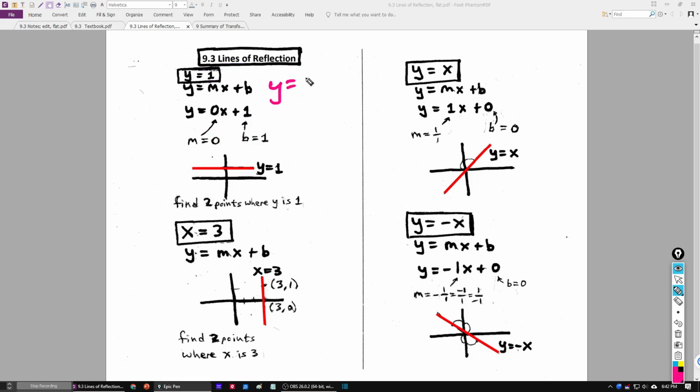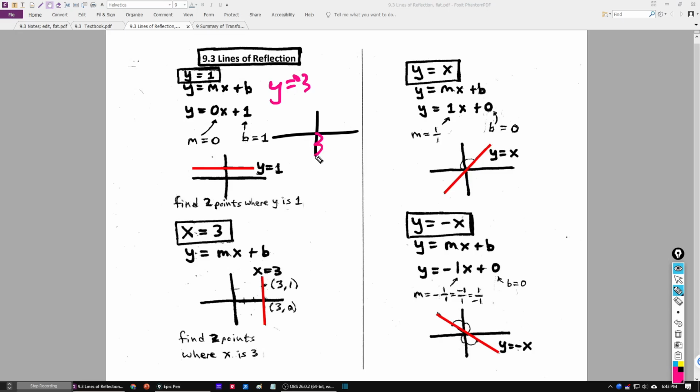Maybe you'll have y equals -3. All right, same principle here. So here would be your coordinate grid. Maybe a little bit harder, a little bit different at least. Let's go down now to -3.